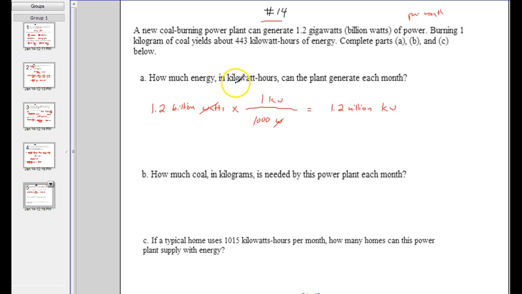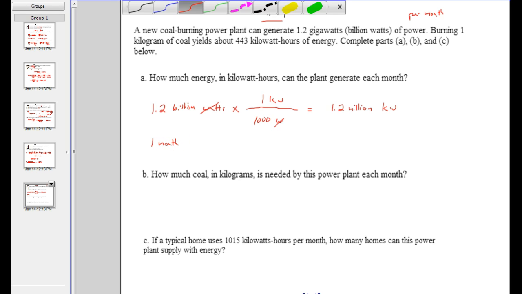Now, a kilowatt hour is kilowatts times hours, so we also need to come up with how many hours there are in a month. So we're starting off with a month, and if we assume there are 30 days in a month, it's right sometimes, sometimes it's one less, sometimes it's two more, but it's pretty close to 30 days, so we can use that as an approximation.